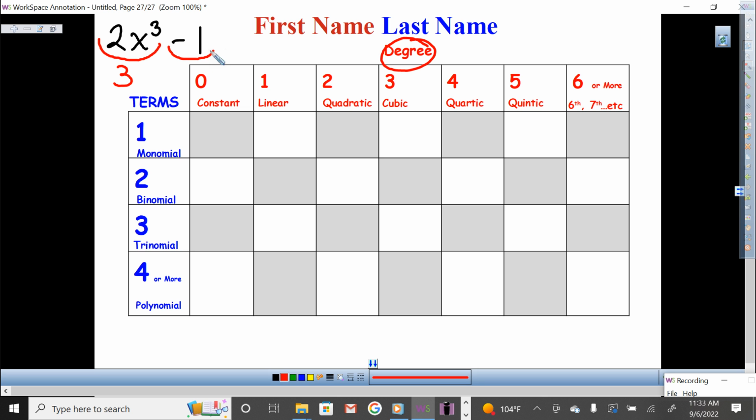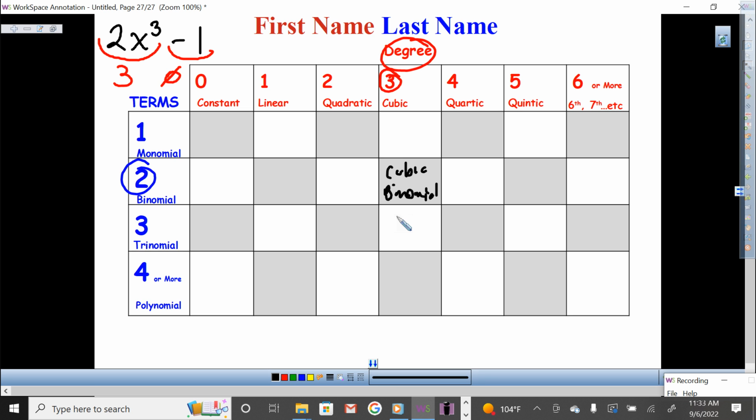What's the degree of this term? 0. What's the highest degree? 3. So that means its first name is a what? Cubic. Okay, we got that. How many parts does this expression have? 1, 2. So according to these names, it's a what? So the name of this polynomial is a cubic binomial.